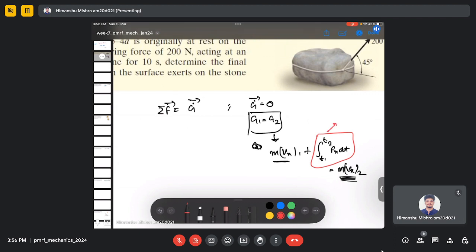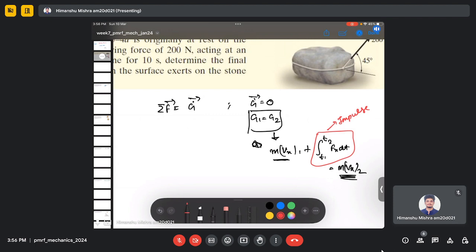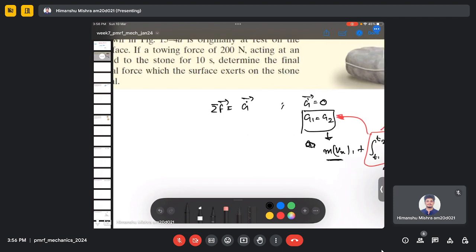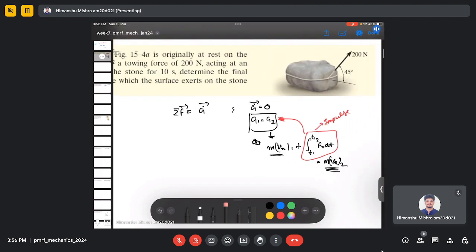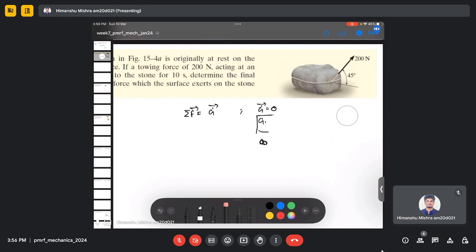So this term actually represents impulse or a time dependent force. If it is 0, then the equation satisfies this condition. To understand more about this concept, let's start solving questions here.